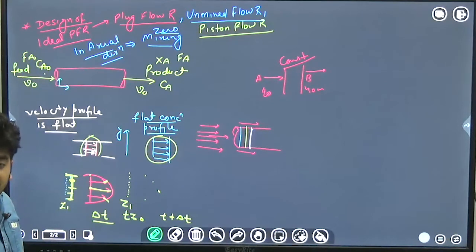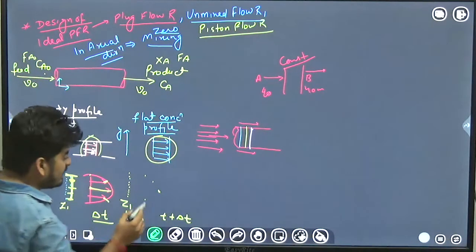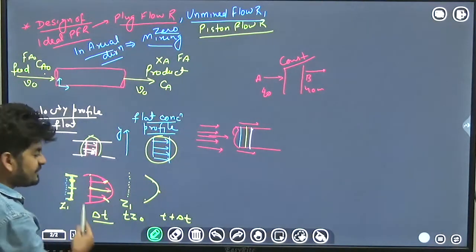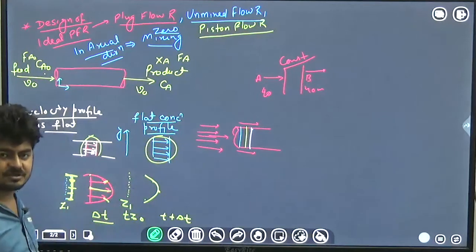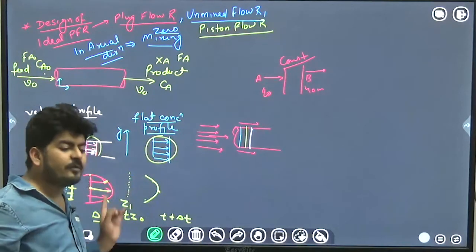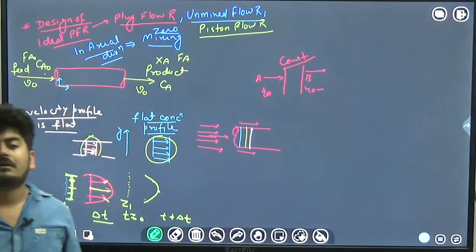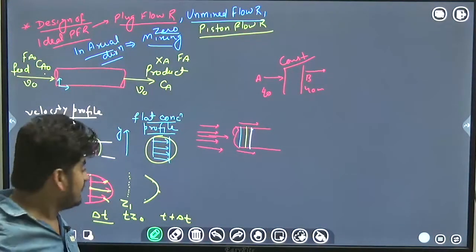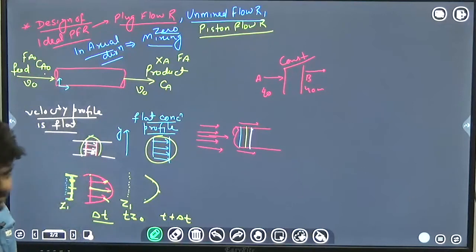So if you see the distribution of molecules, it is something like this, just like the velocity profile, a parabolic distribution. And this distribution of molecules is what we call dispersion. This is called dispersion. Okay.